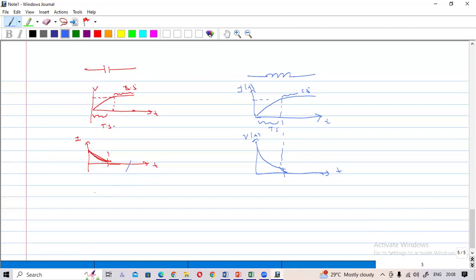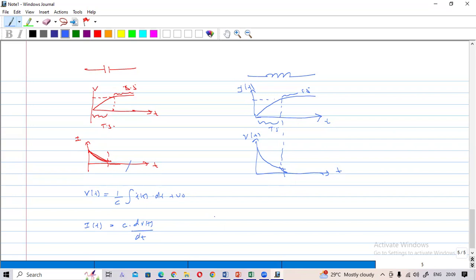So capacitance is equal to Q divided by V. The equation is V(t) equals 1 over C integration of i(t) dt plus V naught, and i(t) is equal to C dV(t)/dt.